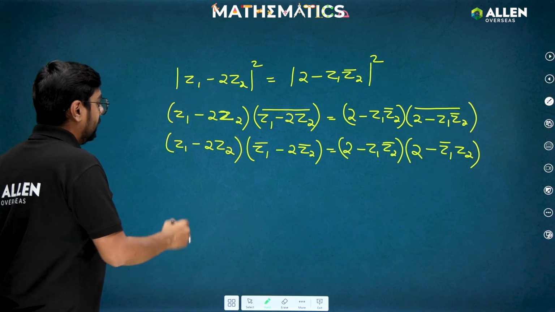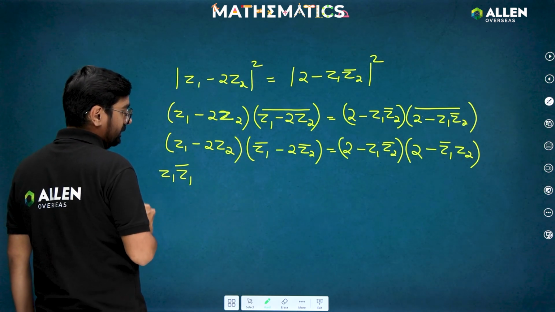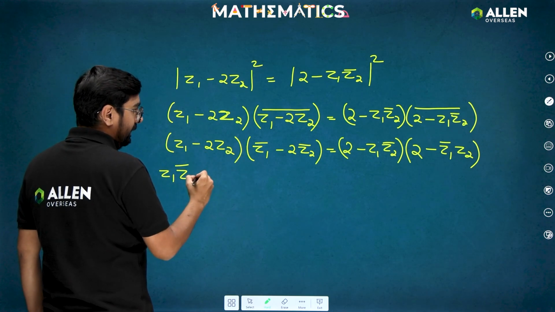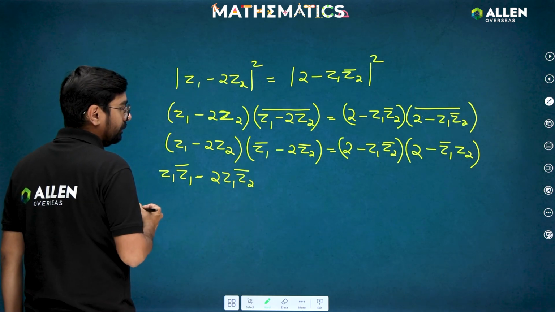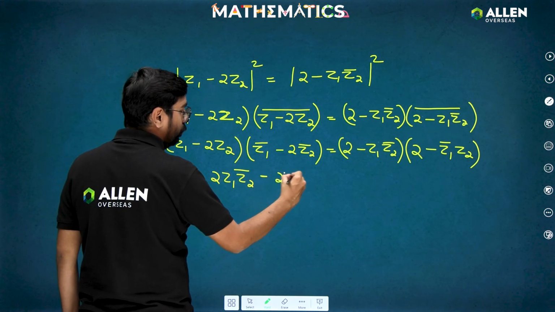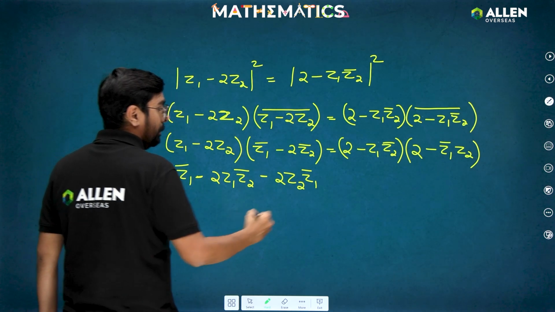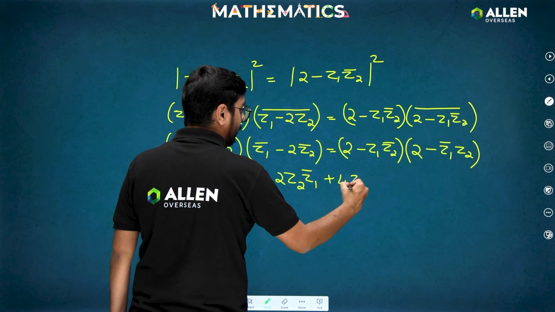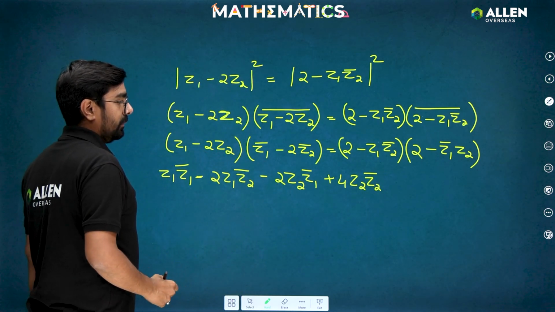Now if I multiply the terms over here, this will be z1 into z1 conjugate, minus 2 into z1 into z2 conjugate, minus 2 into z2 into z1 conjugate, plus 4 z2 into z2 conjugate, right?